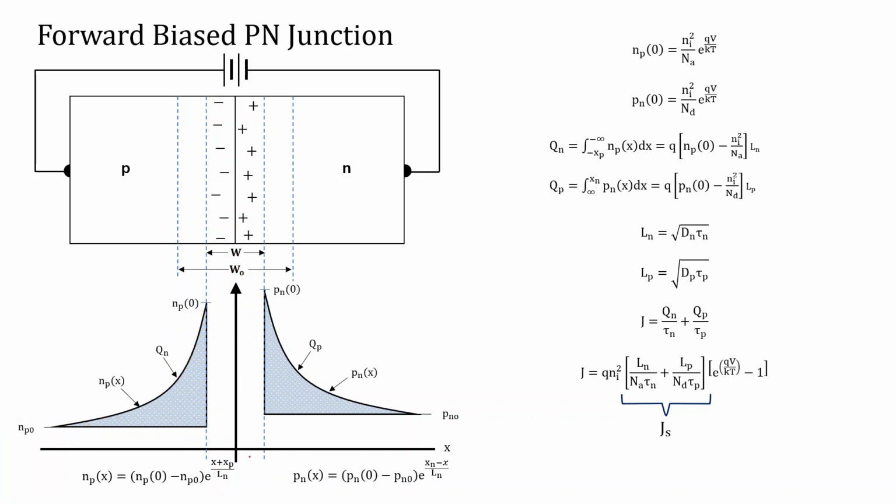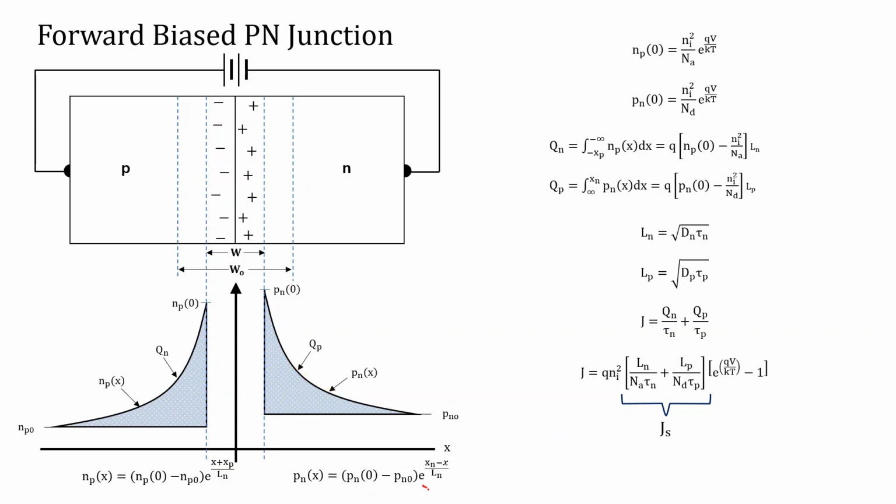Now similarly it goes for the holes. As the holes move from p side to n side, when the junction is forward biased, we get the maximum density here. So we get this expression. So this value is pn0 minus pn0, and this density decays exponentially as holes move further into the n side and recombine with the electrons.